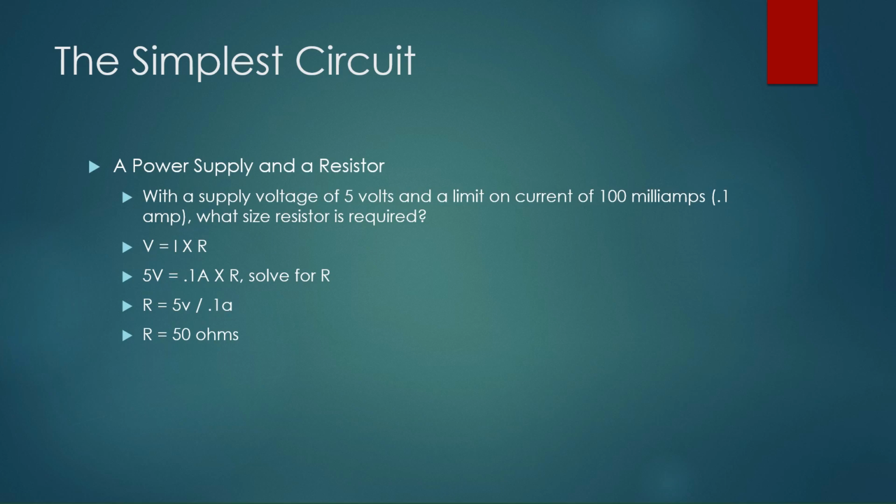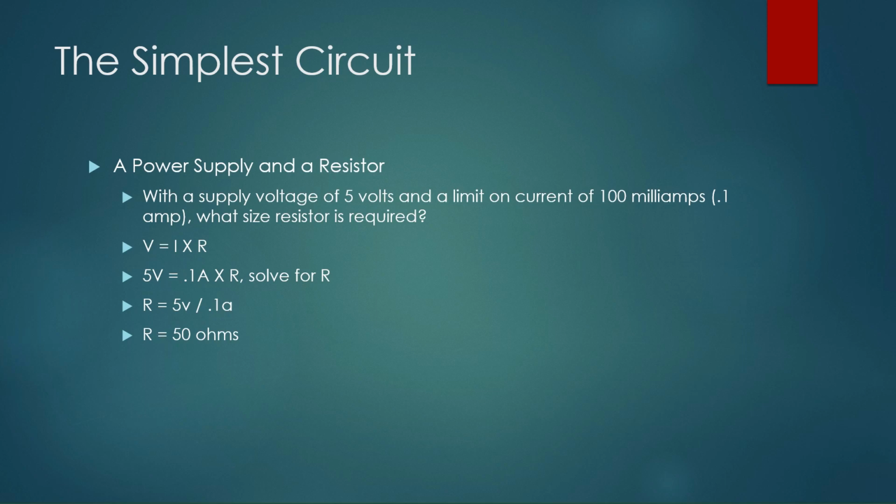If you have a power supply of 5 volts and you want to limit the current flowing through the circuit to 100 milliamps, that is 1/10 of an amp, what size resistor would be required? So Ohm's law is V equals I times R. We know that we have 5 volts, and we know that we have 100 milliamps, or 1/10 of an amp, and it's multiplied times R.